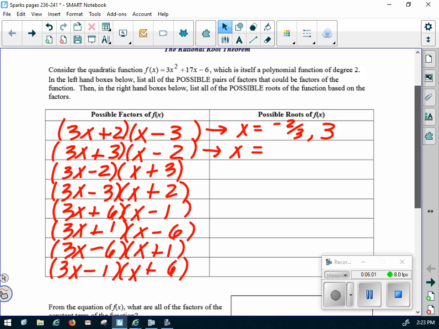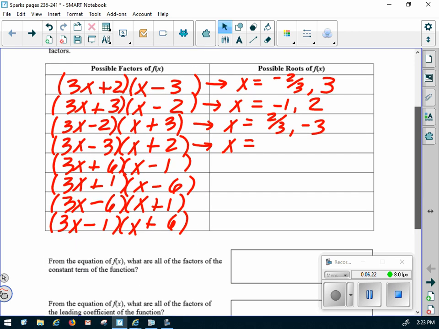Here, what would x have equaled? 4. Here, what would x have equaled? What about here? Okay. Here?